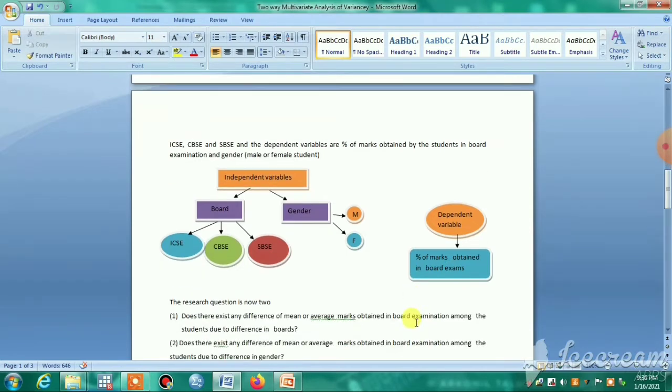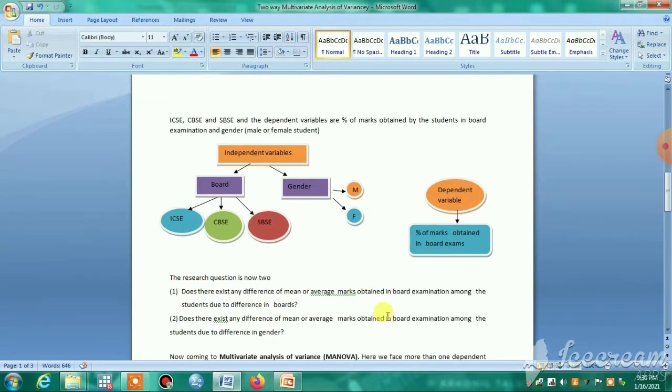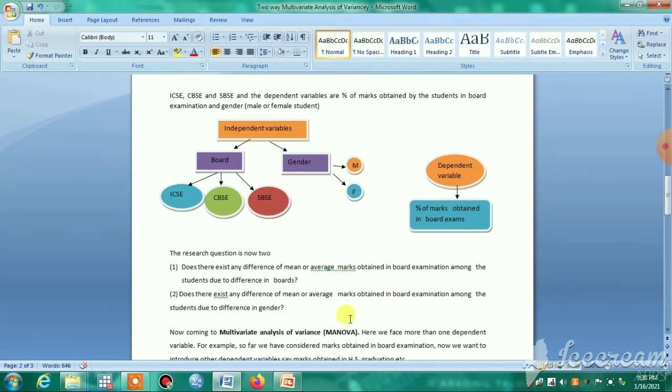Now the first research question is, does there exist any difference of mean or average marks obtained in board examination among the students due to difference in board? And the second research question is, does there exist any difference of mean or average marks obtained in board examination among the students due to differences in gender?